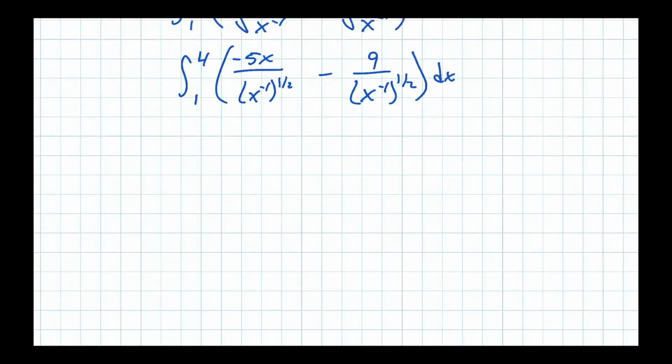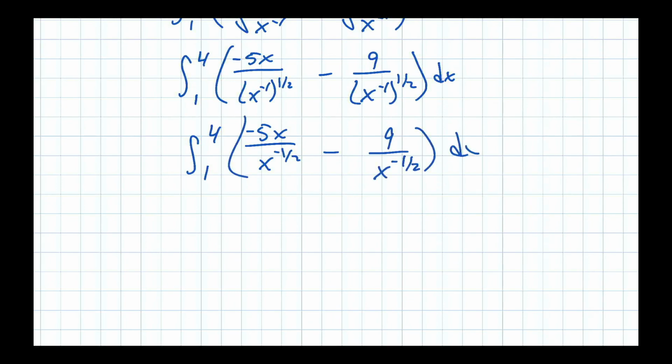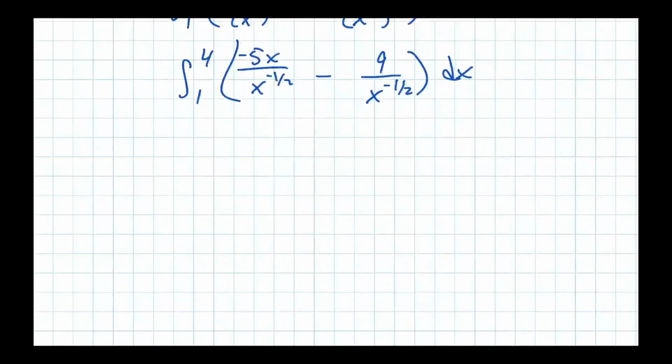Like so. And then when you have an exponent to an exponent, you can multiply those exponents. So multiply the negative 1 times the 1/2. So you get x to the negative 1/2, x to the negative 1/2. We could have just done that once if we had done this in step 1.